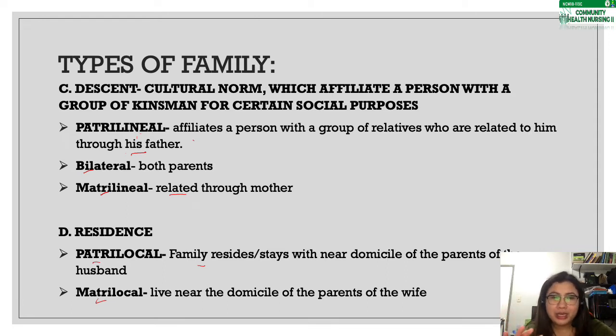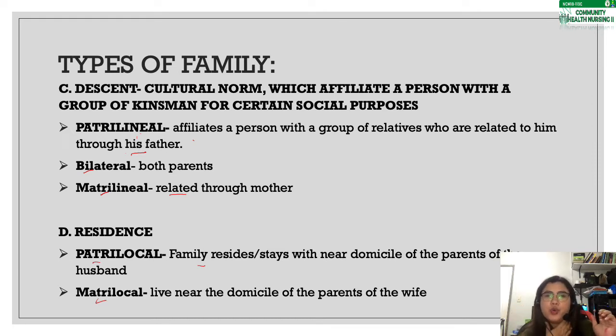Matrilineal is related through the mother. For example, my aunt on my mother's side, or my grandfather and grandmother on my mother's side. So that is for the descent. For bilateral, it's both parents. It can be the father's side or the mother's side.